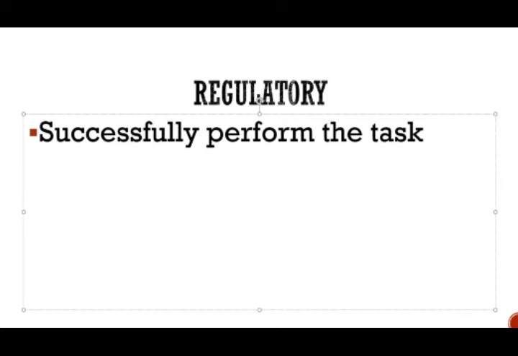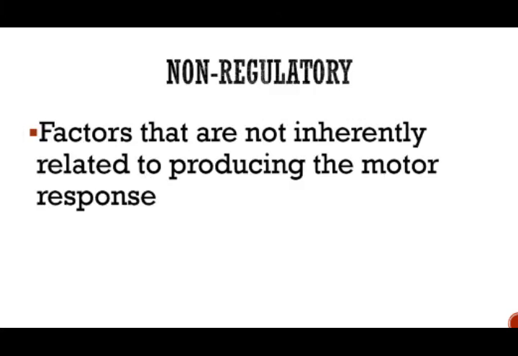So the regulatory movement is you need to be aware of the conditions in the environment before you can perform the task. The non-regulatory movement is the factors that are not inherently related to producing the motor response. Therefore, the learner must use selective attention to attend to relevant information while ignoring irrelevant information.